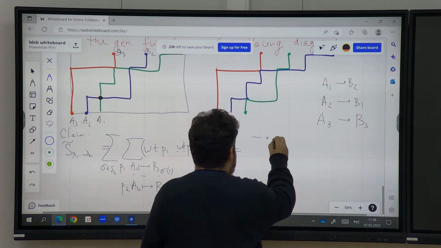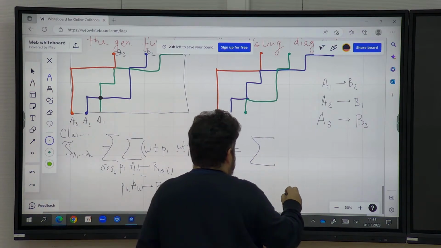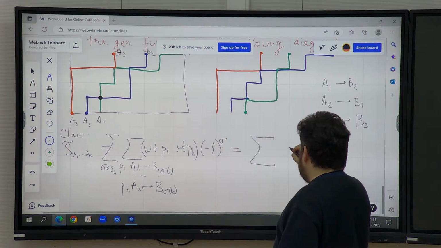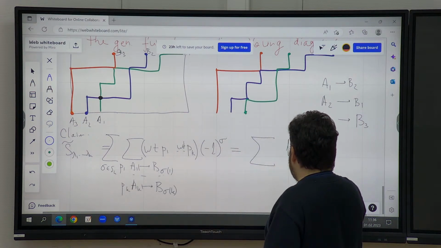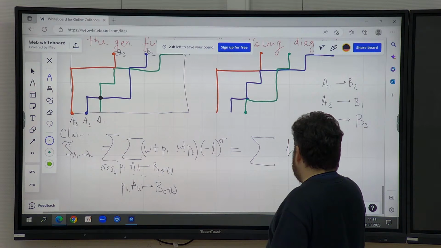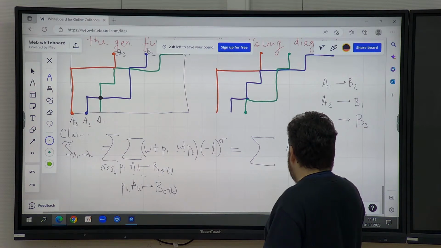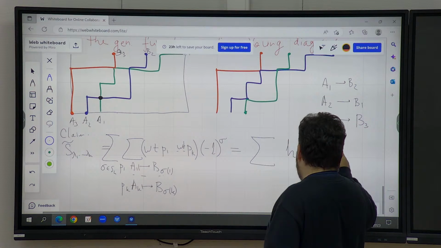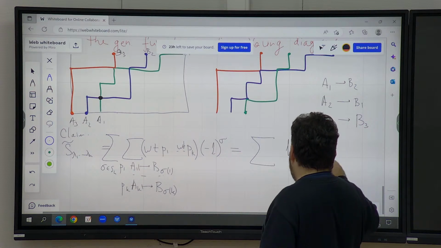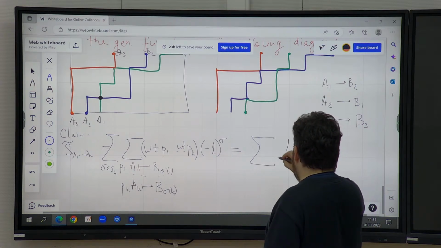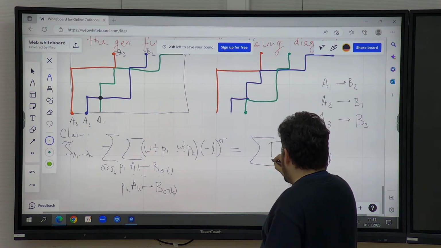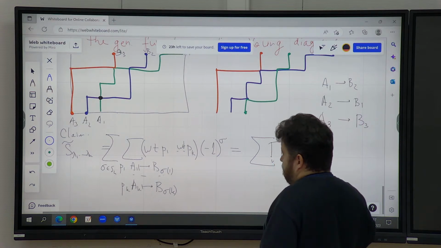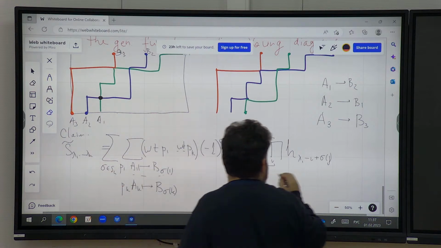So this will be something like h of lambda_i minus i plus sigma of j, so the product from, so sigma of i, of course.